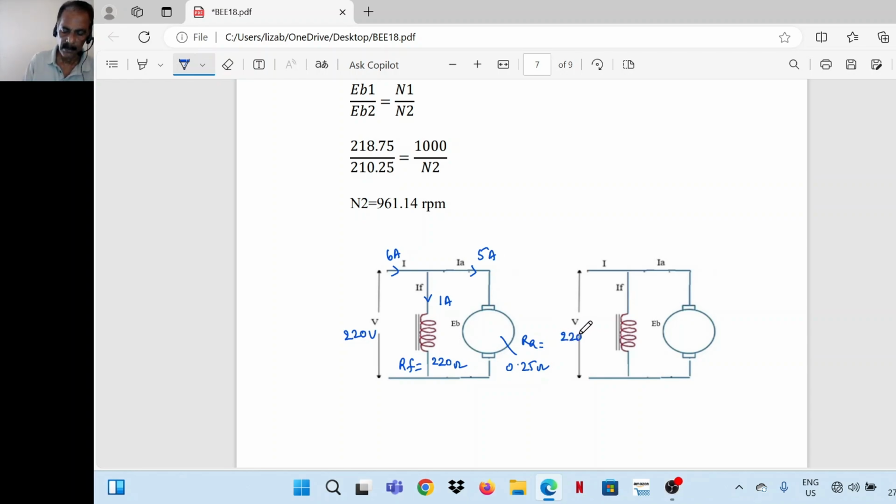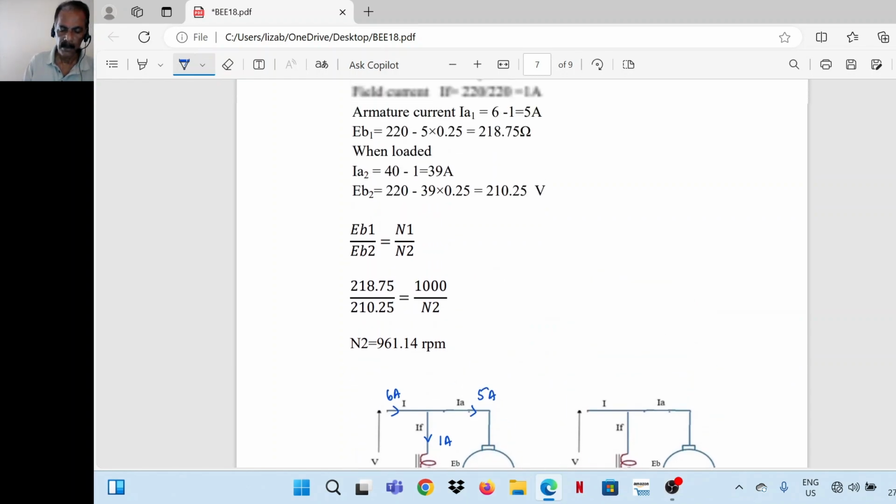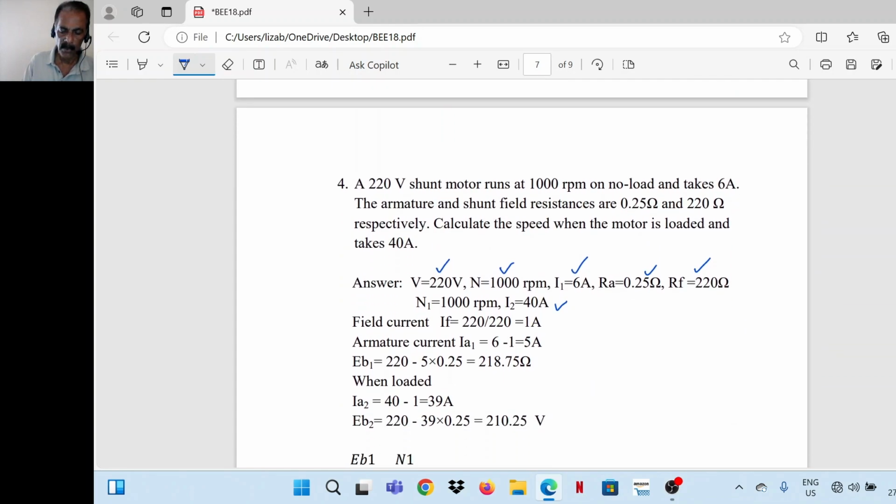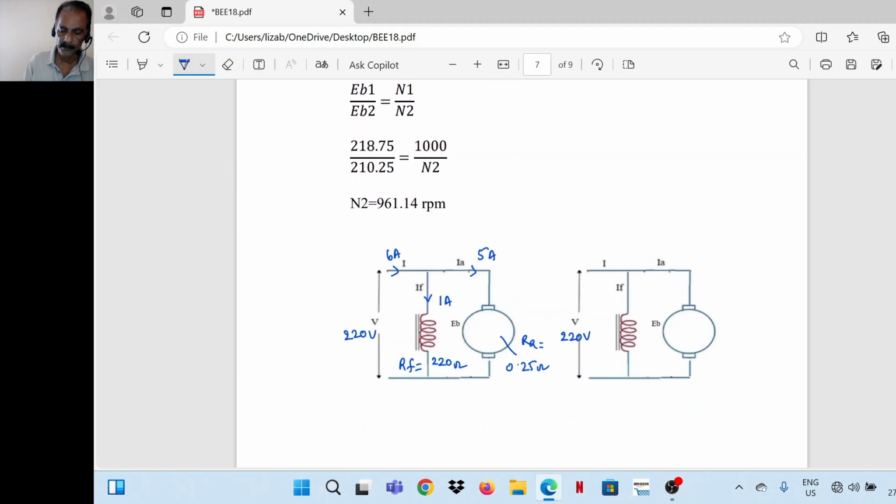Second case, 220 volt. Second case, input current is 40 ampere. So this current is 40 ampere. Field current is the same, 1 ampere. Rf is 220 ohm. So armature current in the second case is 39 ampere.